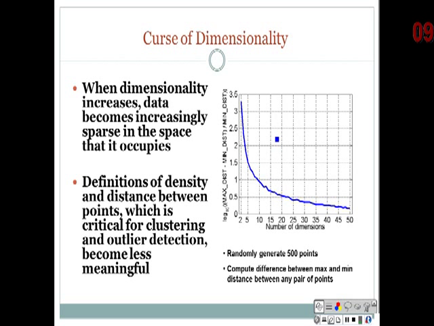A very known topic is the curse of dimensionality. If you have a lot of attributes, your application is really very difficult to handle. As you can see, the difficulty grows with the number of dimensions, and each dimension you consider is an attribute. Like here I have 50 attributes.